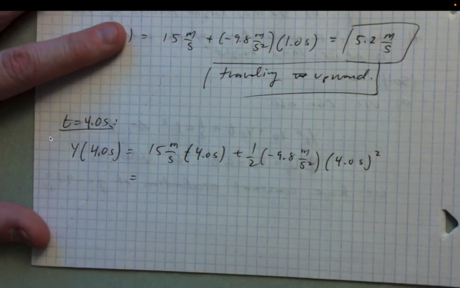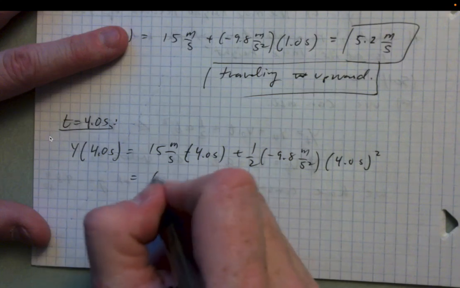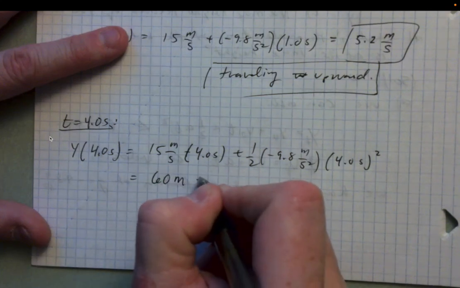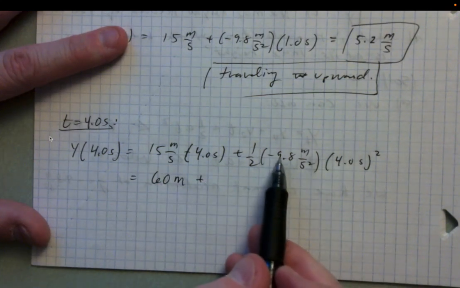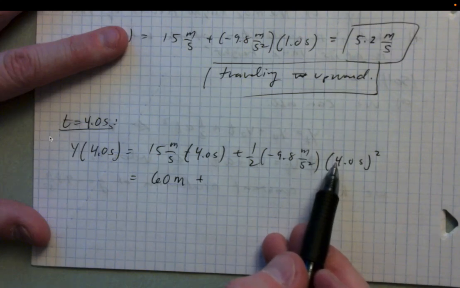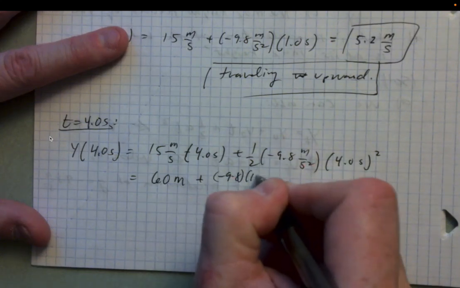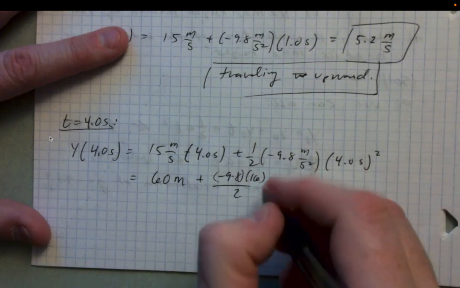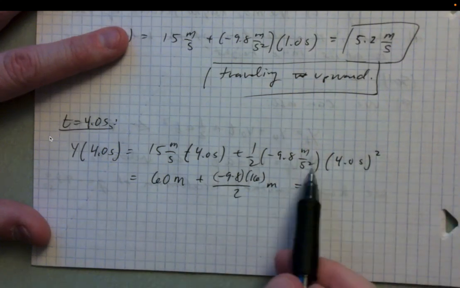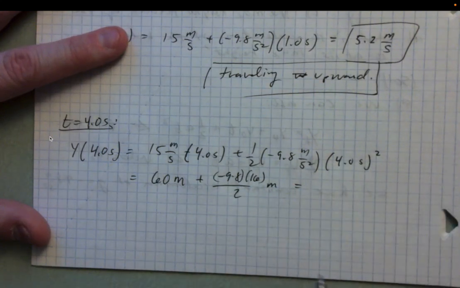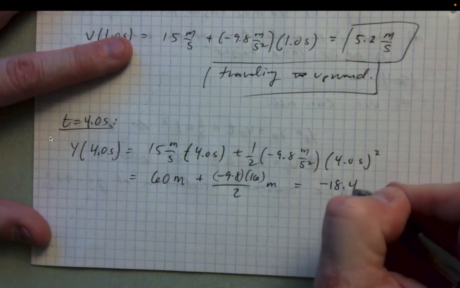Okay, and so that's going to be 60 meters plus, now this would be negative 9.8 times 16 divided by 2, and it'll be in meters, of course, right? Seconds and seconds squared will cancel here, and so in the end you're going to get negative 18.4 meters.